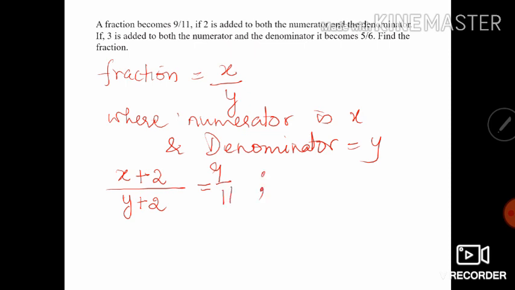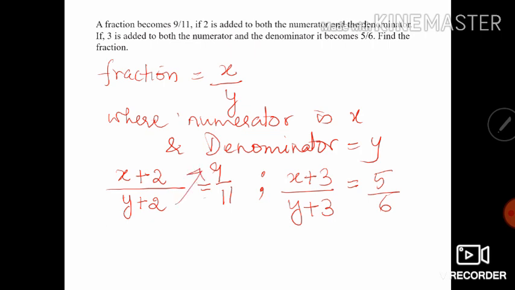If 3 is added to both numerator and denominator, so numerator becomes X plus 3, denominator becomes Y plus 3. The fraction now becomes 5 on 6. So we have extracted two equations from this word problem. However, they are not in the standard form.